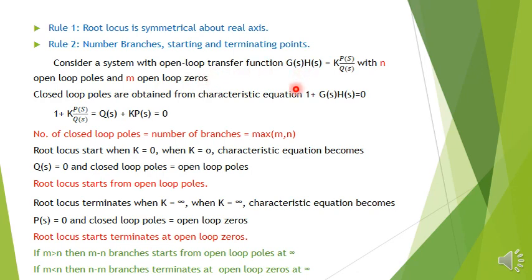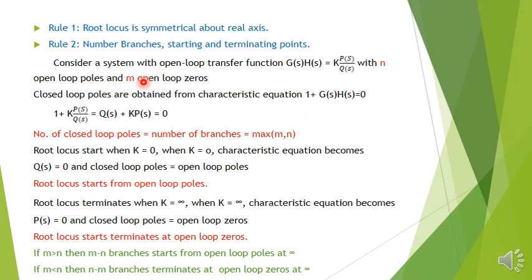So the number of closed loop poles equals the number of branches equals the maximum of m comma n. That is, whichever is the largest, open loop poles or open loop zeros.